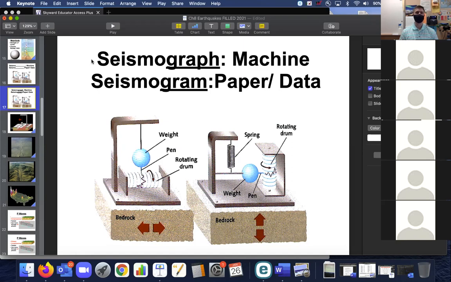So if a scientist is interested in studying an earthquake, a scientist would use a seismograph to generate a seismogram. The seismogram is the information that a scientist would look at. Seismograph is just the machine that makes it. It detects the earthquakes and then creates this printout of data.